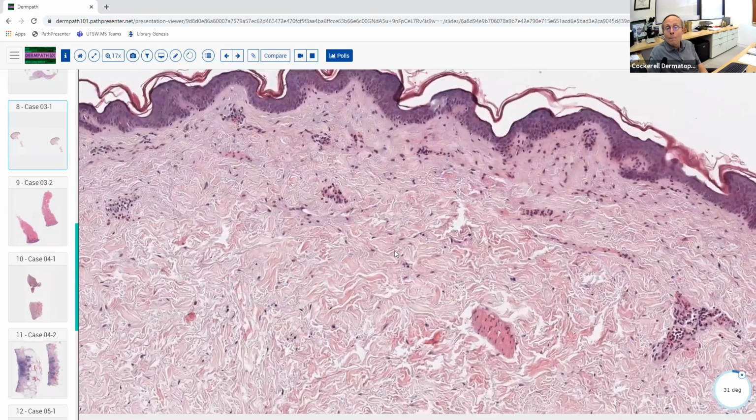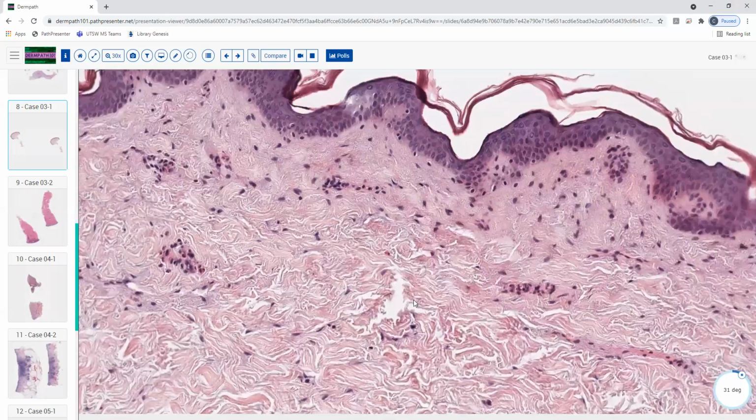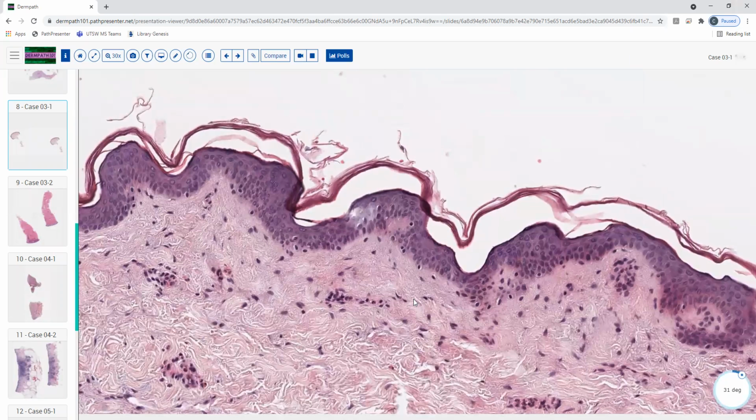So now you can look in the cornified layer. Who wants to do that? I can do it. Is there anything wrong with it?